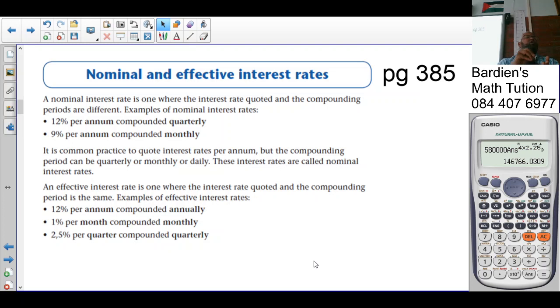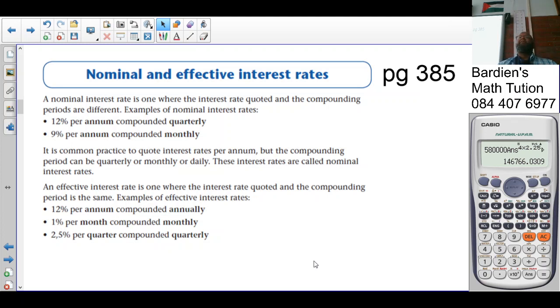Per year. Compounded annually. So how many times does interest get added to the account per year? Once a year. You understand? So if the compounding is the same as the interest rate, then it's considered an effective interest rate.